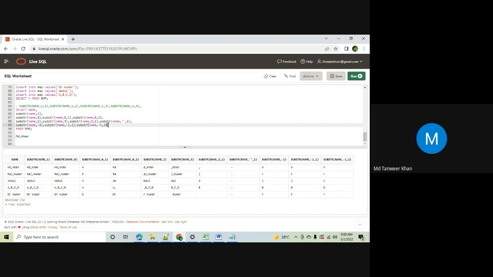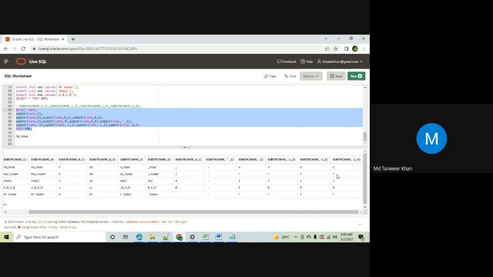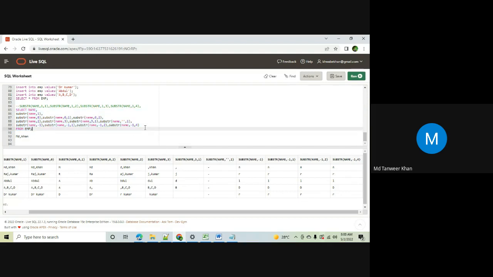Similarly, if you write 4, the output will be the same. See, you're getting the same output. So this was all about the substring function. Okay.